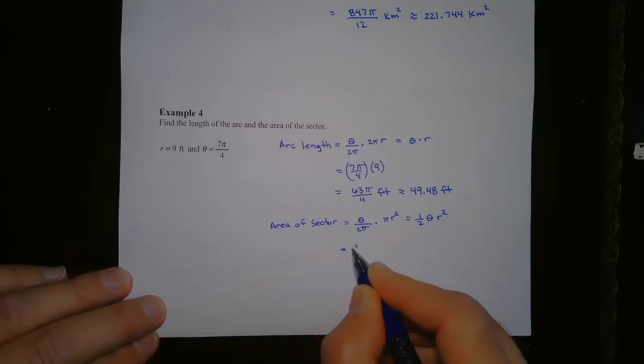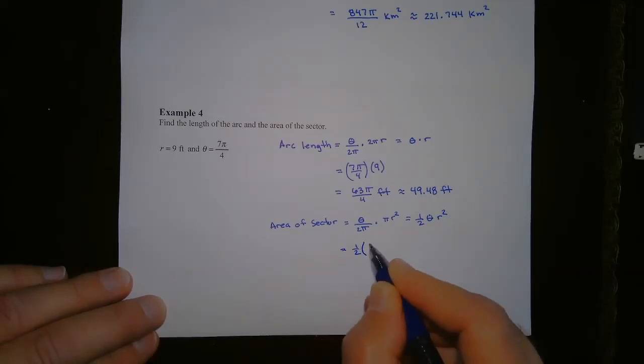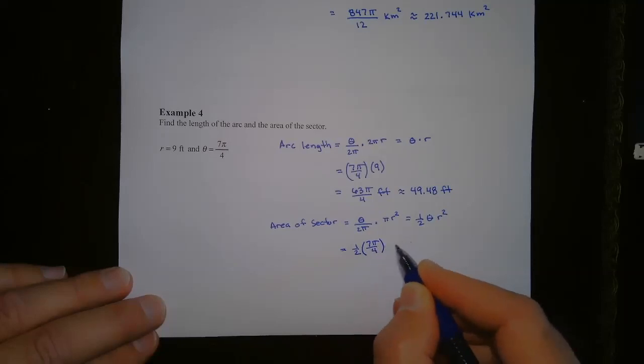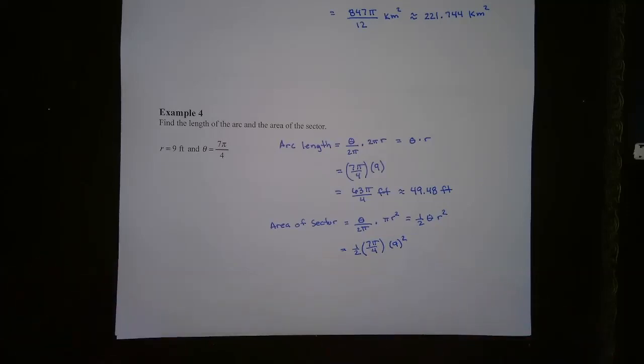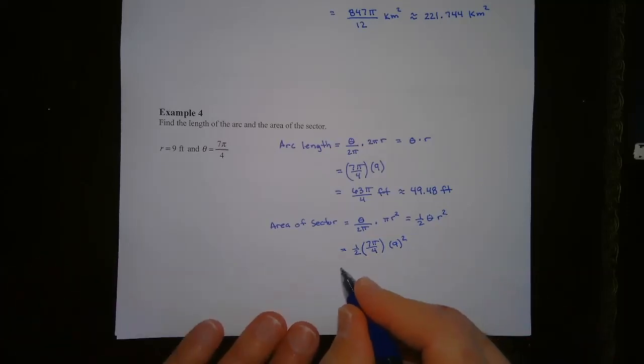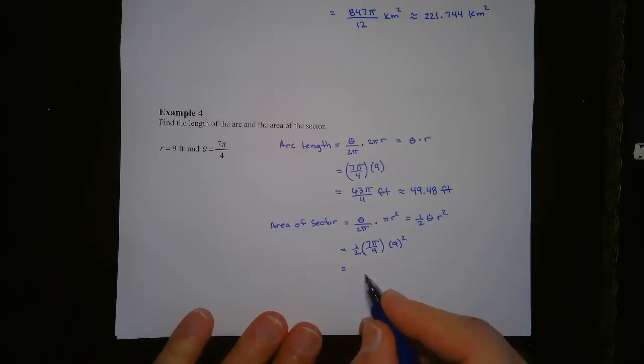So this would be 1/2 times our angle theta, which is 7 pi over 4, times our radius, which is 9 squared.